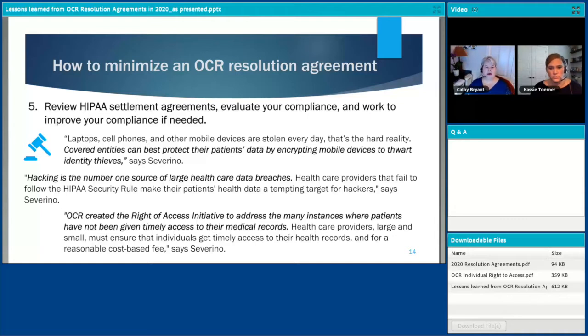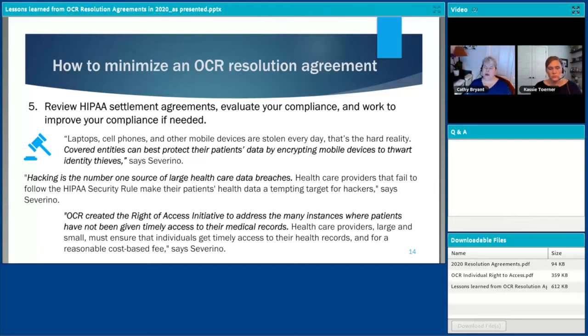So the Office for Civil Rights really does provide a lot of information inside their settlement agreements. I encourage everyone to read settlement agreements and see what the key things that the practice was or was not doing correctly that's highlighted in that agreement.